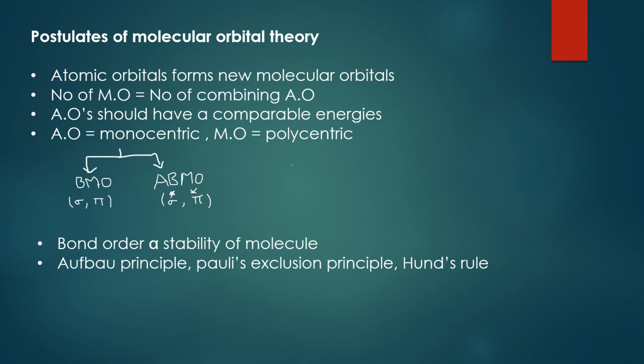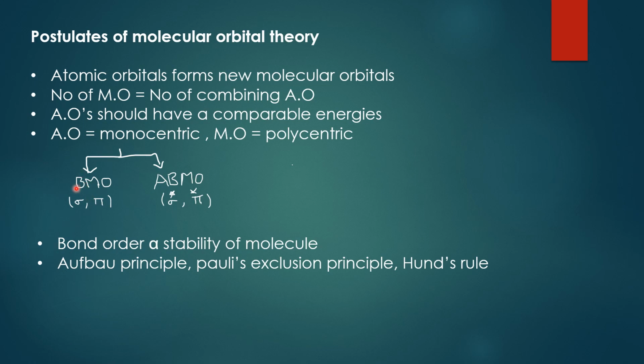How do you differentiate bonding and anti-bonding molecular orbitals? You indicate the anti-bonding ones with a star symbol, so sigma star and pi star are anti-bonding, whereas the sigma and pi bonding molecular orbitals have no star mark.